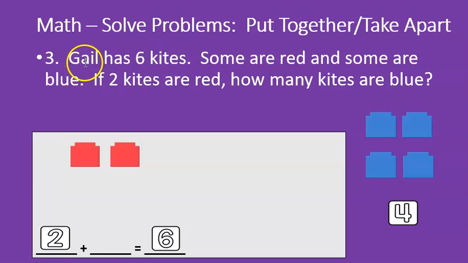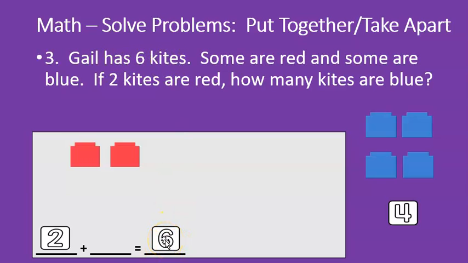Let's break this apart. Read with Mr. Begay again. We're going to go sentence by sentence. Gail has 6 kites. How many kites does Gail have? 6. So the first graders, look. Our answer is going to be 6 because it says Gail has 6 kites, okay?